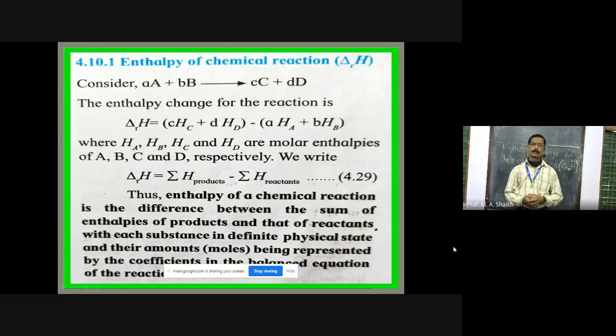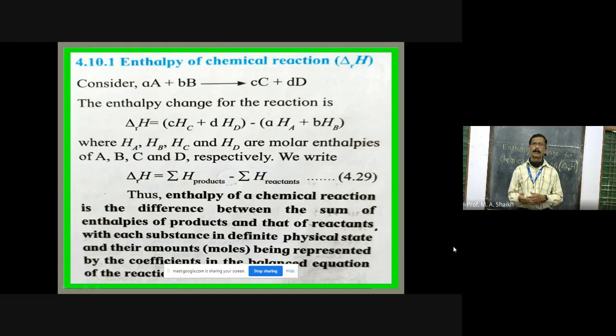In the textbook, the same thing is given, but in the textbook, the summation sign is used. So, delta HR, enthalpy change of reaction, is equal to summation of enthalpies of products minus summation of enthalpies of reactants. Both are correct. You can write in words or you can write with the help of symbols.